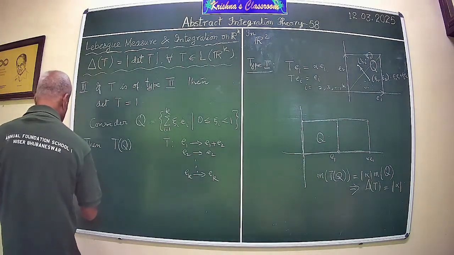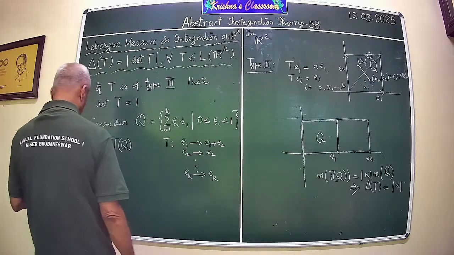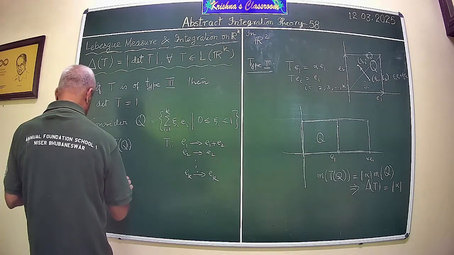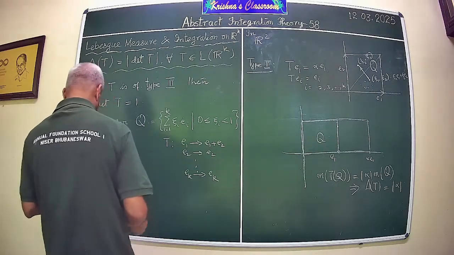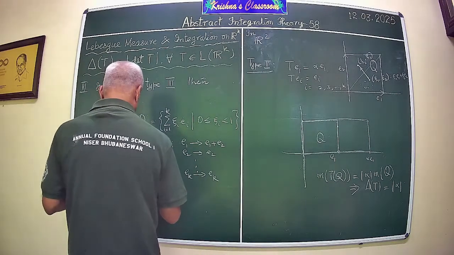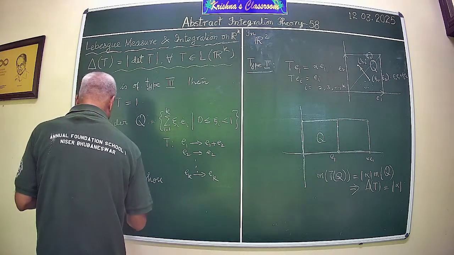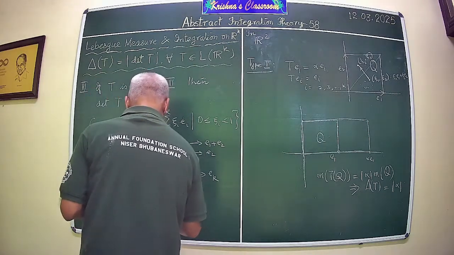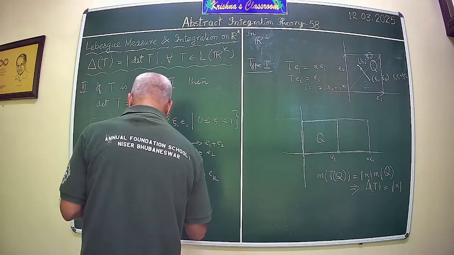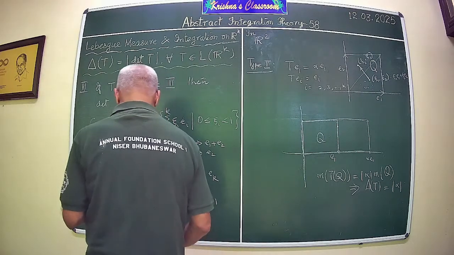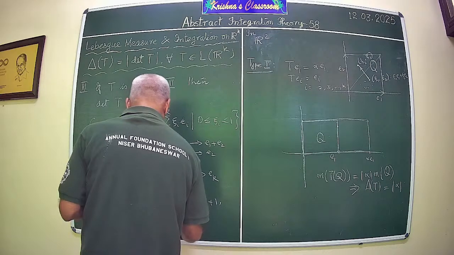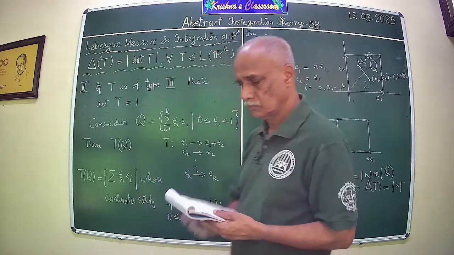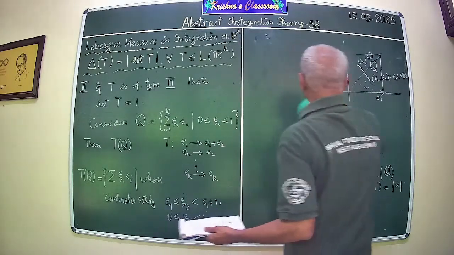Then TQ consists of all psi1 and 0. So in short, let us see what happens in R2.